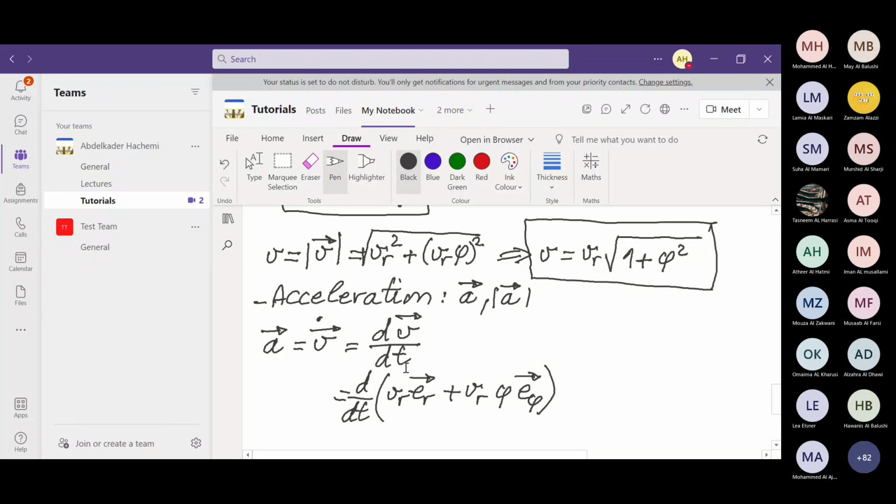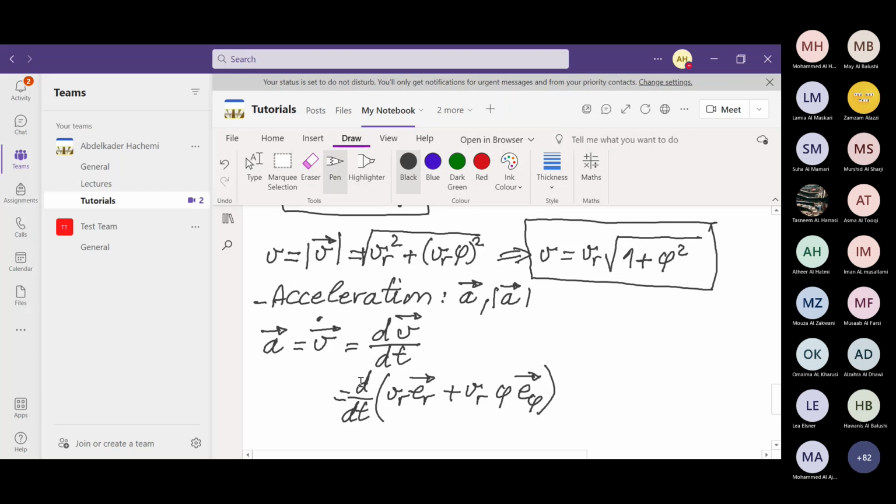When we make the time derivation, we have to consider d over dt of VR multiplied by e_R plus d over dt of e_R multiplied by VR.